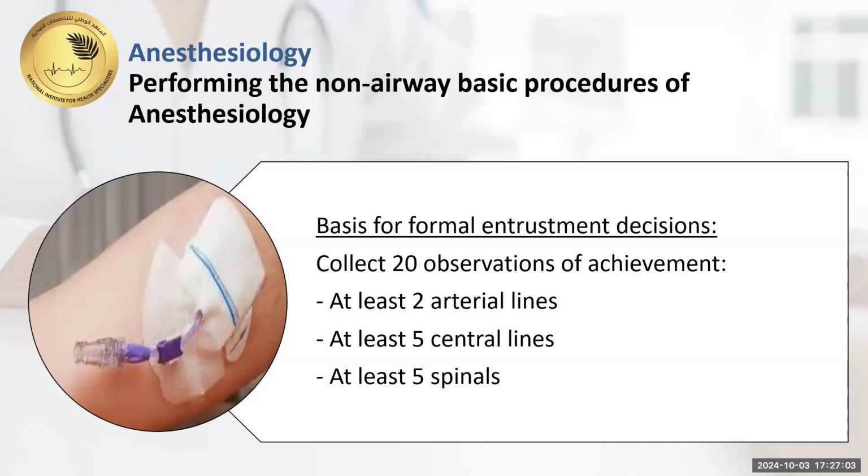The trainee who needs to be entrusted, everybody, has to collect 20 observations of achievement, not any 20 observations, but 20 observations when that trainee achieved a certain level, which is level 4. In these 20, at least 2 have to be arterial lines, at least 5 central lines, and at least 5 spinals.